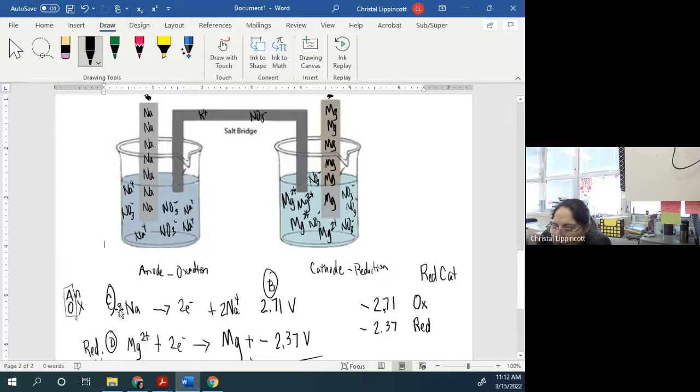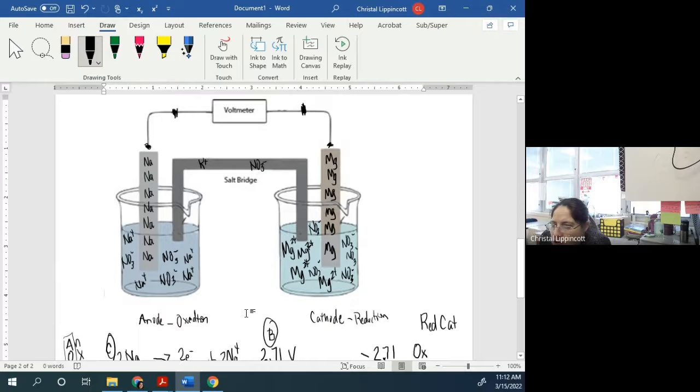We said that this is going to be our oxidation. So what's going to happen is one of these sodiums, or actually let's take two of these sodiums, are going to come off of here. They're going to become positively charged, and they're going to give off electrons to go over here.